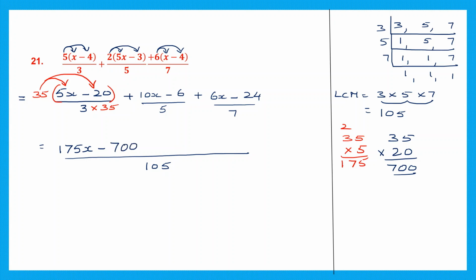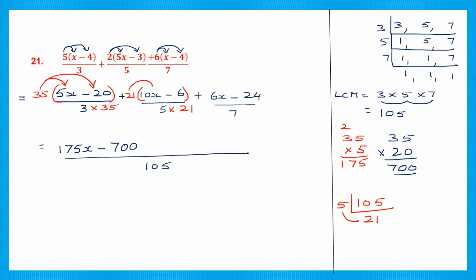Now let's go to the next one. Now 5 into what is 105? So let's find that out. For that we take 105 and divide it by 5. So 5 2s are 10, 5 1s are 5. So 5 into 21 is 105. So let's write that here, 5 into 21. So we multiply the numerator also by 21.